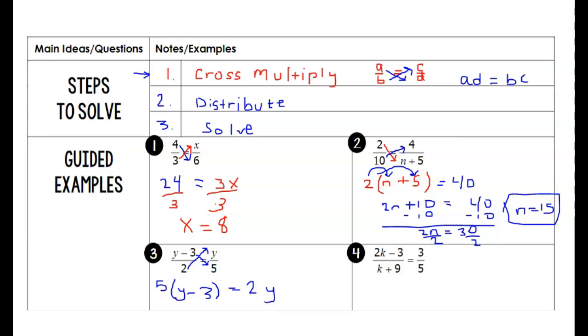Please don't forget your parentheses, okay? Now here's the easy stuff. I am going to use my distributive property to distribute that 5 inside of the parentheses. I end up with 5y minus 15, and it's equal to 2y.